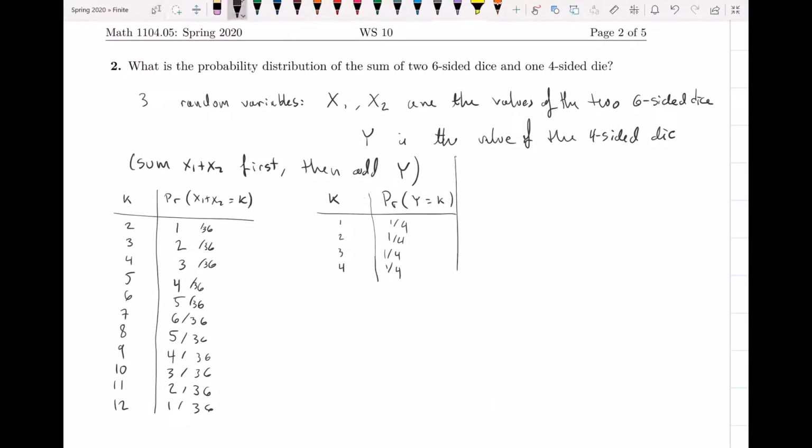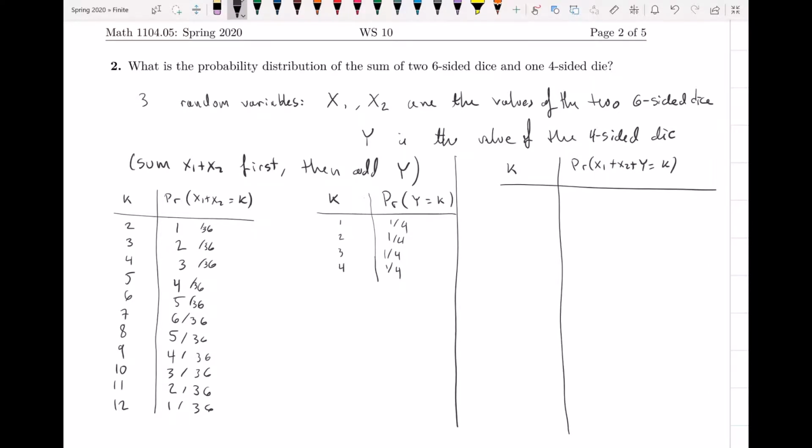So now, using these 2 tables, we can look at the probability that x1 plus x2 plus y equals k, the probability distribution for the sum of all 3.